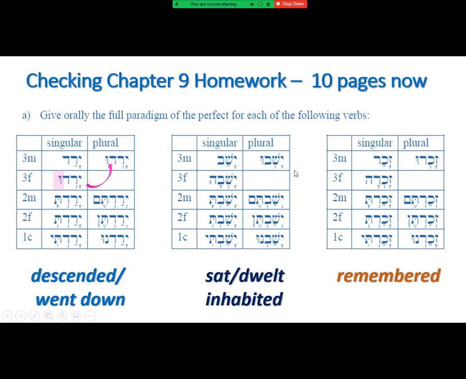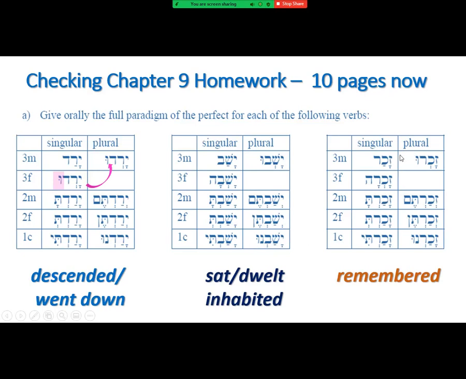They dwelt would be Yashvu. For masculine y'all dwelt would be Yashavtem. A bunch of females would be Yashavten. And if we dwelt, it's Yashavnu.